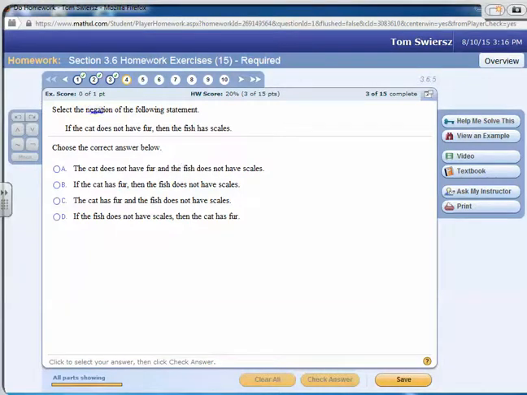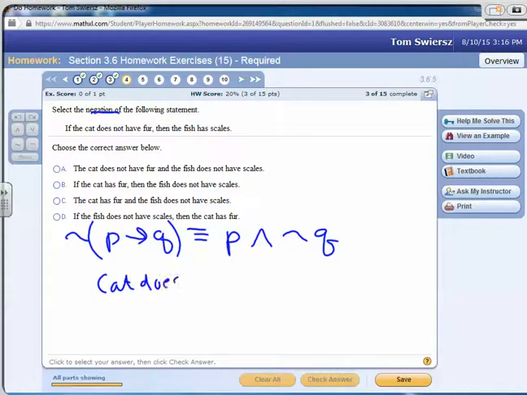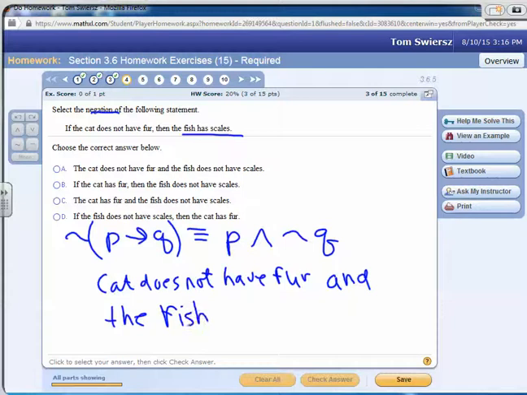Again, the negation of if P then Q is logically equivalent to, you keep P the same, you change it to an and, and you negate Q. So keeping P the same is the cat does not have fur, and the fish does not have scales.